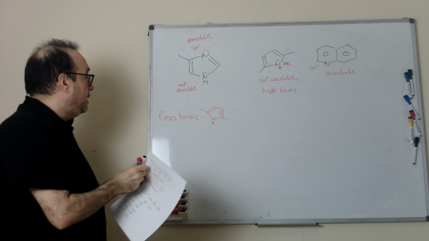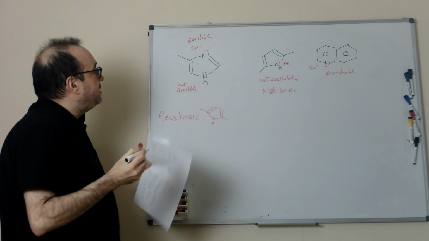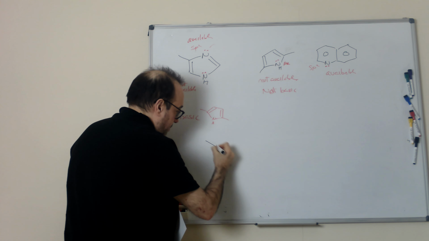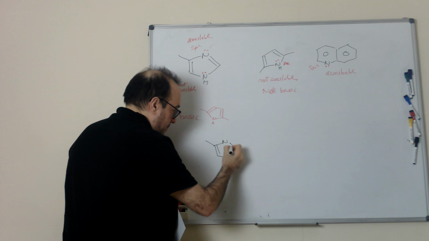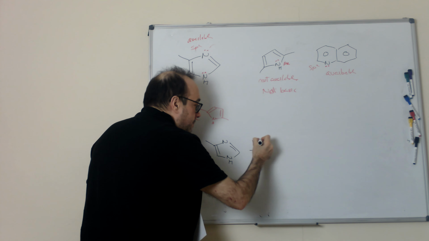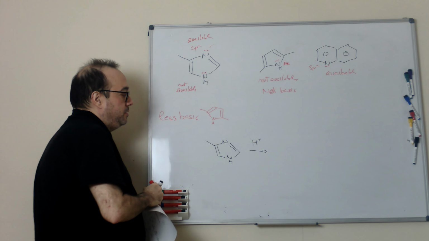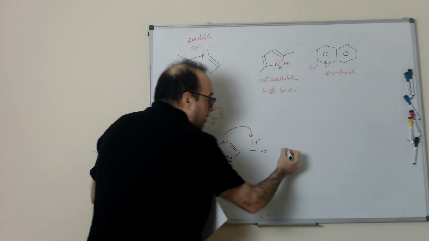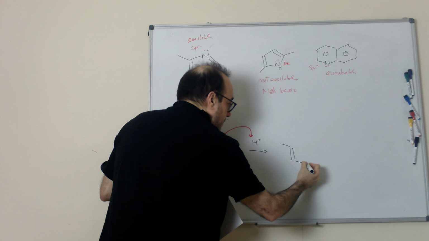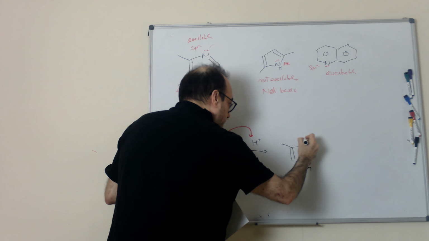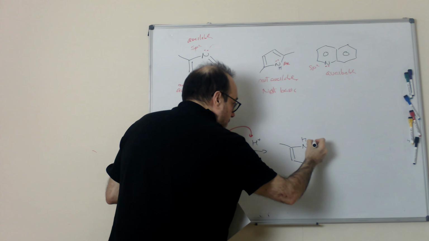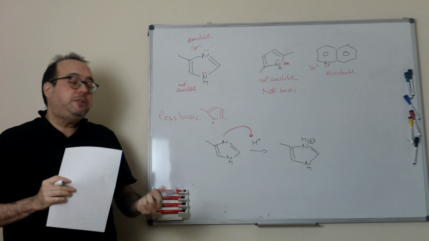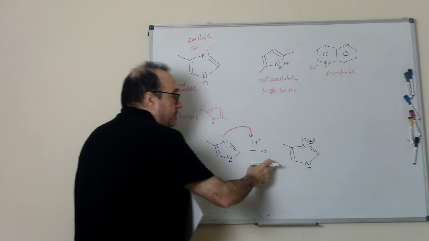Which is more basic? In order to make an easy decision, what we will do is protonate. We have acid. The pair of electrons of the basic nitrogen will take the hydrogen, and what we have is this compound. But now, in the case of the imidazole, what we can do is simply draw a resonance form.